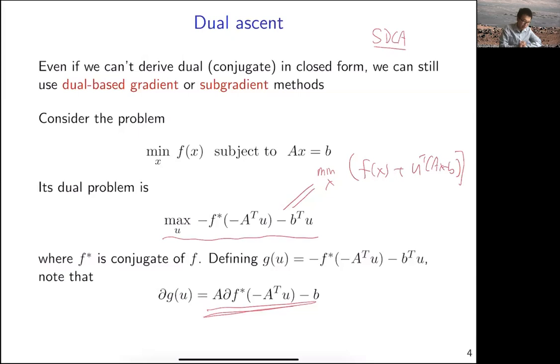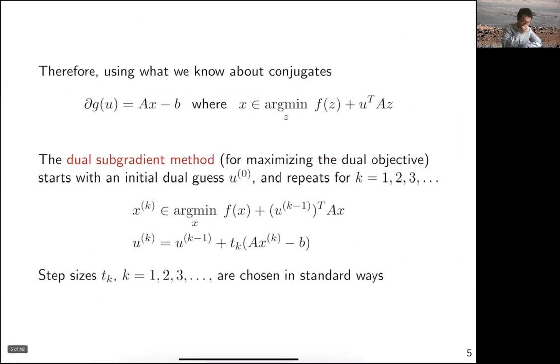We get this A times the subdifferential of f star here. But this is something that we can calculate without knowing what f star is. This is something that we can calculate by solving a particular optimization problem in the primal. So we can simply solve this and then use the property in the first slides, substitute this argmin into this simple equation, and evaluate the residual, the residual of the slack, and that gives us the gradient of the dual.